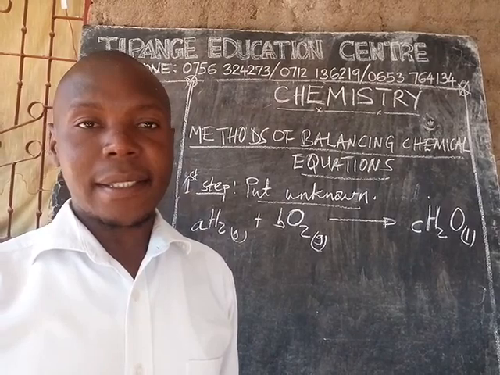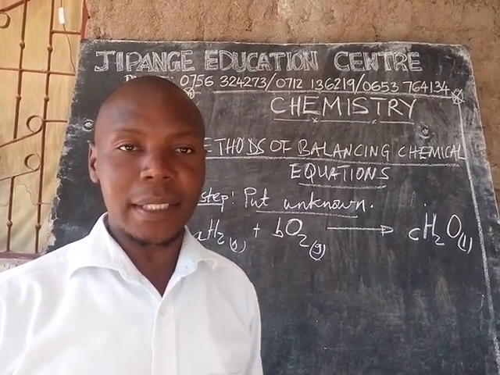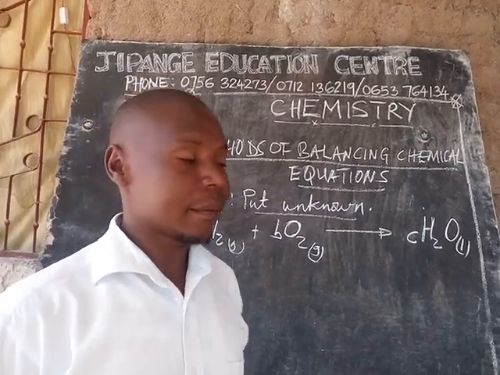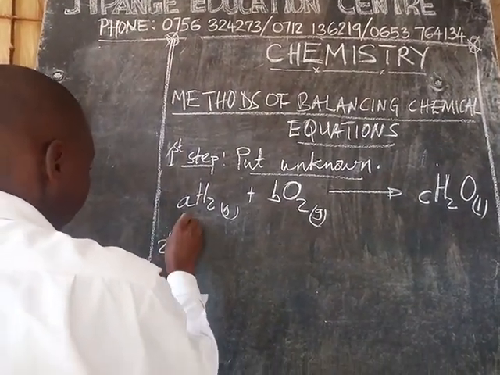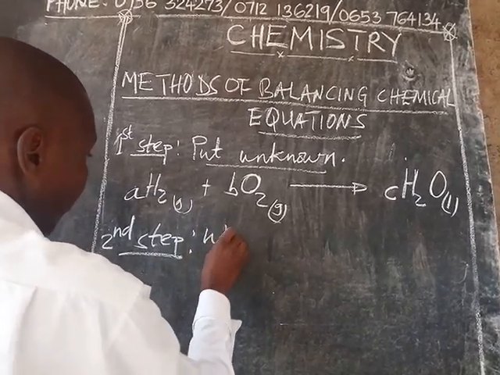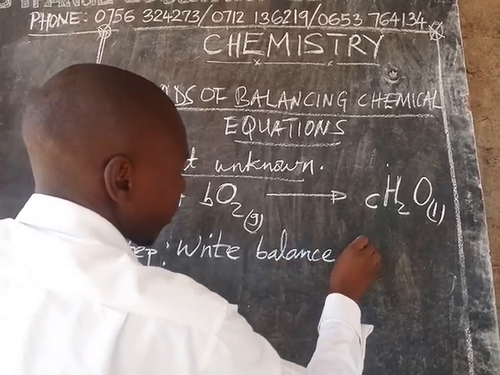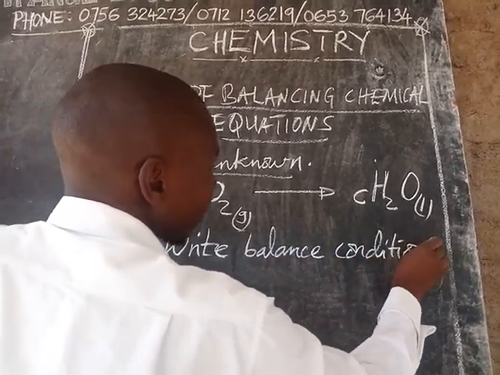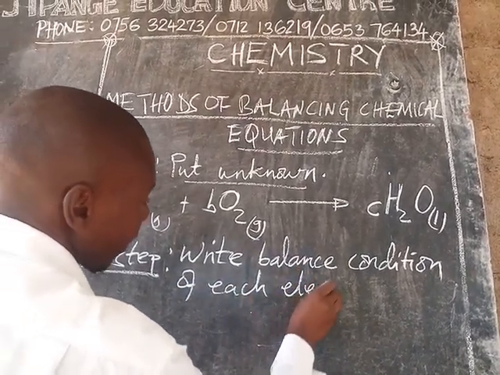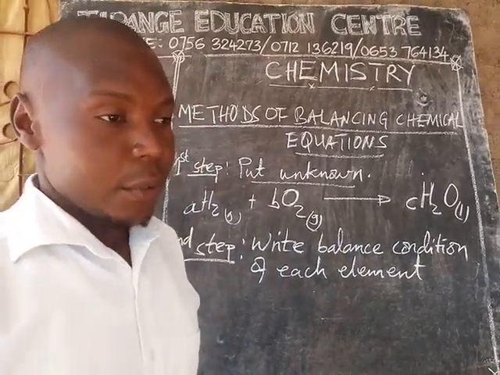Then the second step: you have to write the balance condition of each element present in our equation by using the unknowns.